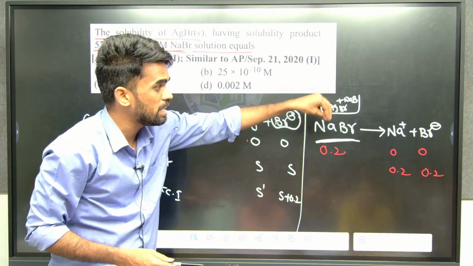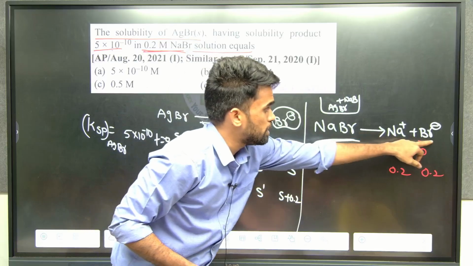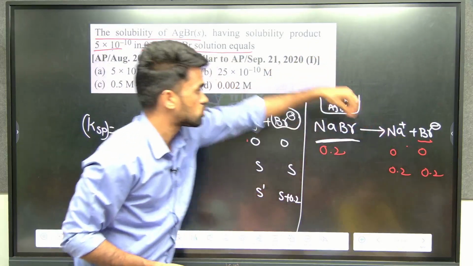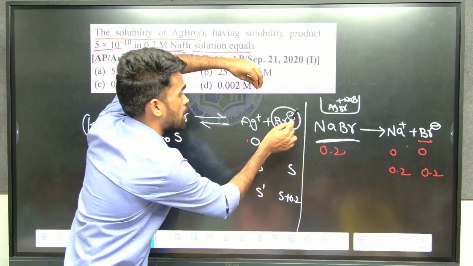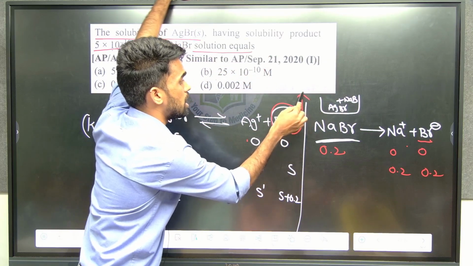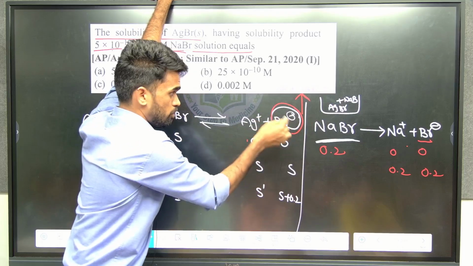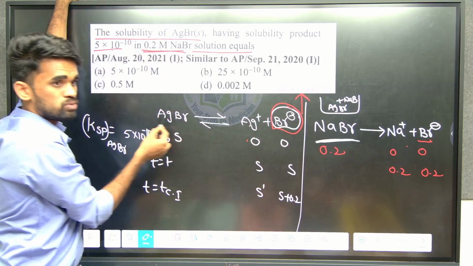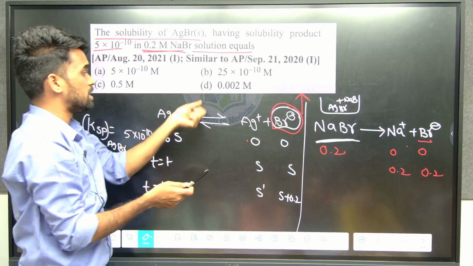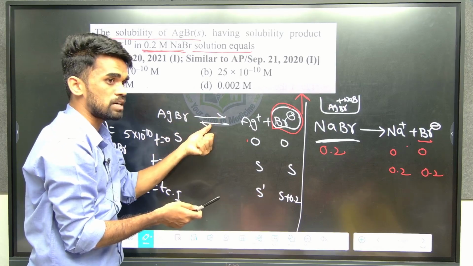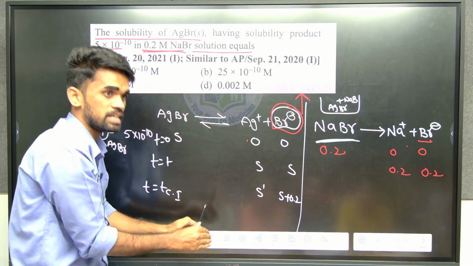So when I am adding NaBr, is the Br minus ion concentration increasing or not? Br minus is newly added, so it increases. If you increase the concentration of products, what happens to the equilibrium? It shifts backward, right? So it means the degree of dissociation of this electrolyte, the degree of solubility of this electrolyte, decreases.